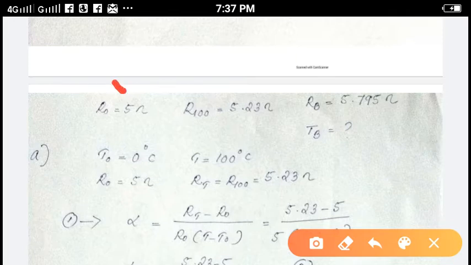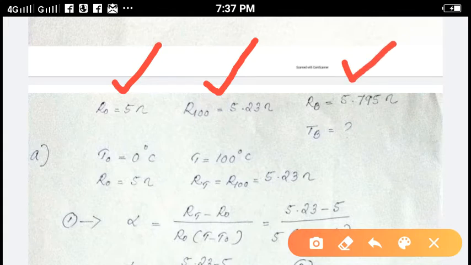The resistance at 0 degrees Celsius is 5 ohm. The resistance at 100 degrees Celsius is 5.23 ohm. The resistance of the platinum wire when inserted in the hot bath is 5.795 ohm, and we have to find out the temperature of the bath.